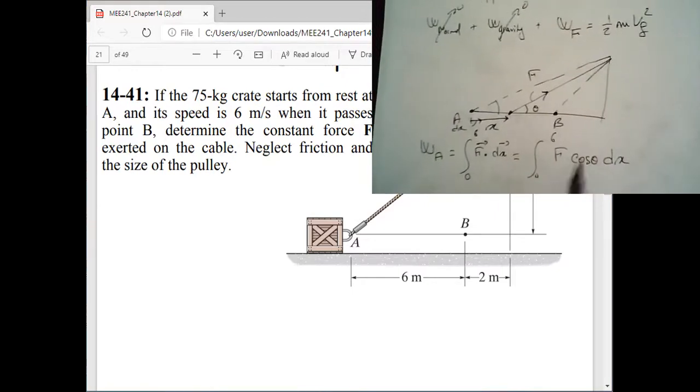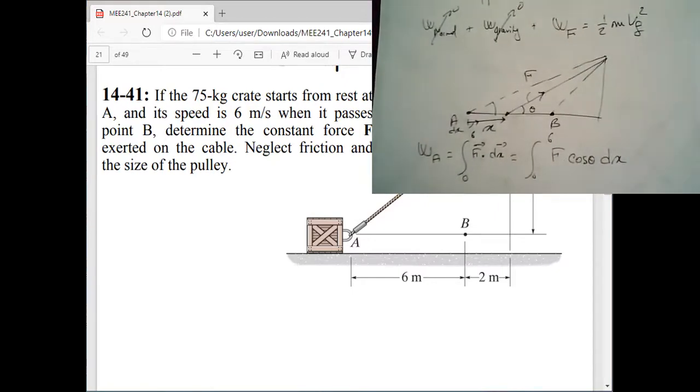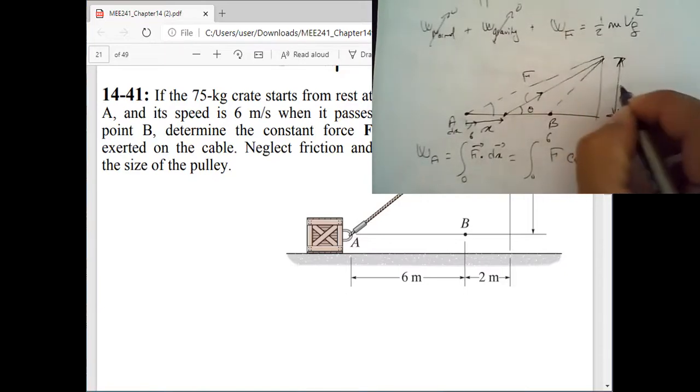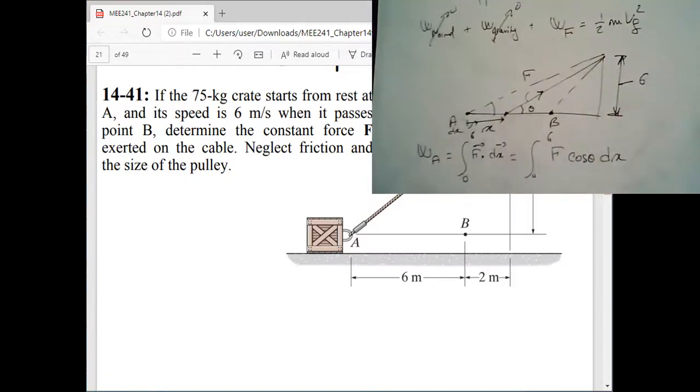Now the problem is, if you want to integrate this, cosine theta is variable, right? So I can look into this geometry. I know this distance right here is 6, and I know cosine of an angle is equal to adjacent over hypotenuse. So at any value, if you are at x, what is this?